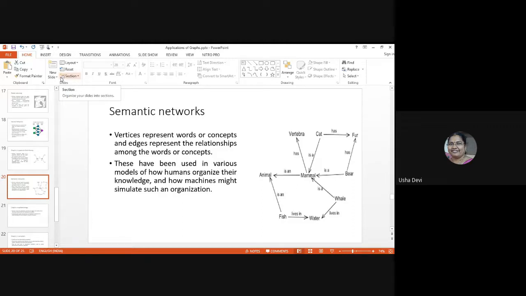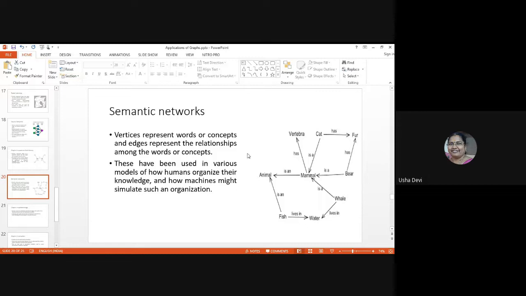Maybe if I am trying to search the word graph, everything relevant to this particular word will be returned by the semantic web search engine. It is based on the meaning.